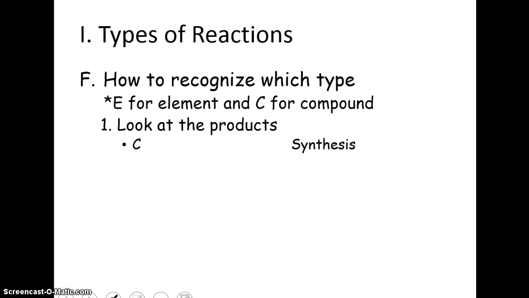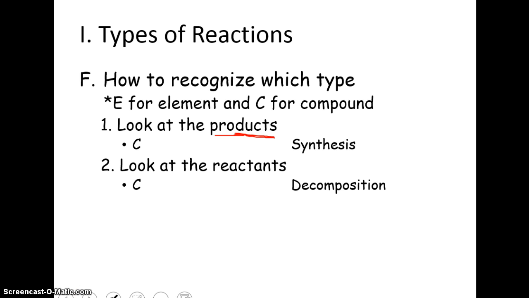So here's how to recognize which type. Remember, E is for element and C is for compound. First you should look at the products. Remember, products are to the right of the arrow. If you see just one compound and nothing else, it's going to be synthesis. Then you want to look at the reactants. If you see just one compound and nothing else, it's decomposition.